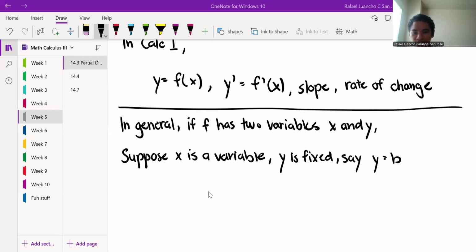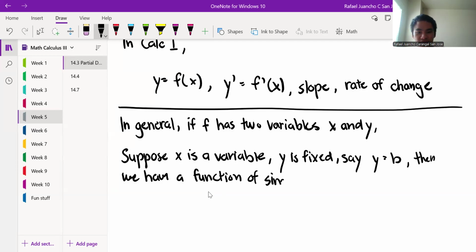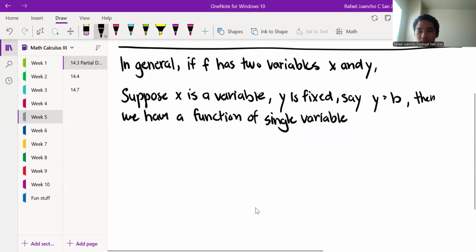So then we basically have a function of a single variable. Let's use g of x.